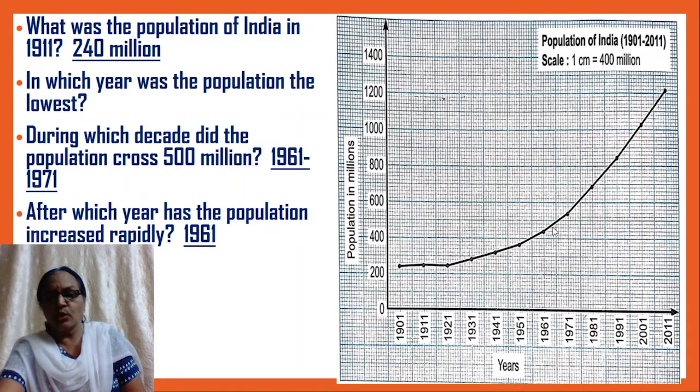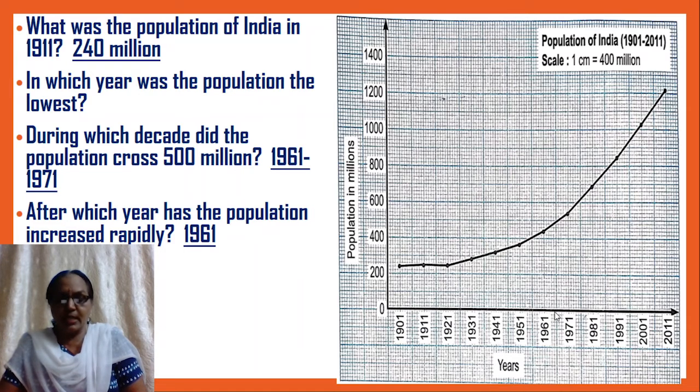So we have it between 1961 and 1971, that decade. So in the decade between 1961 to 1971, the population crossed 500 million.